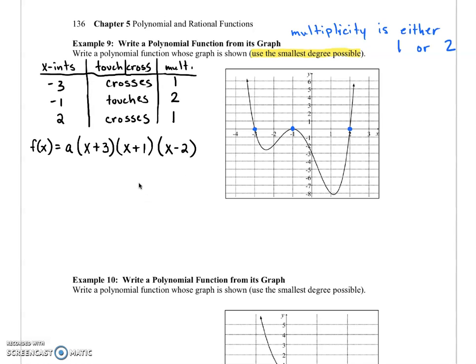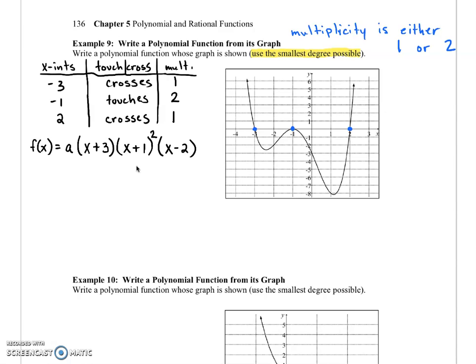Now we have to go back and do our multiplicities. So a multiplicity of 1 means an exponent of 1, we don't have to write it. But we do have to write the multiplicity of 2. How are we going to figure out what that a is?